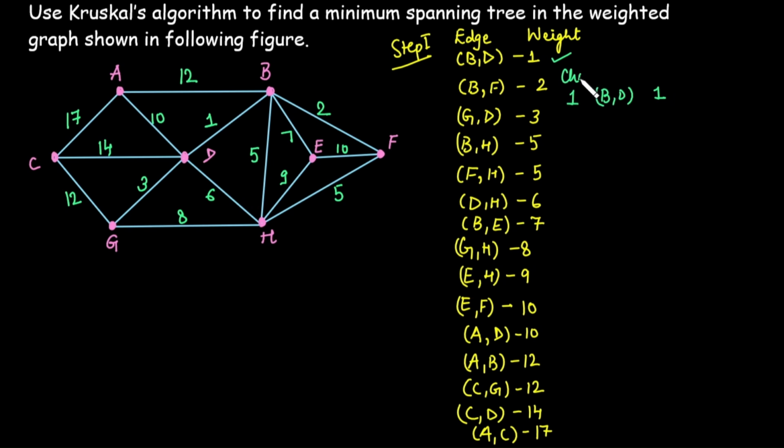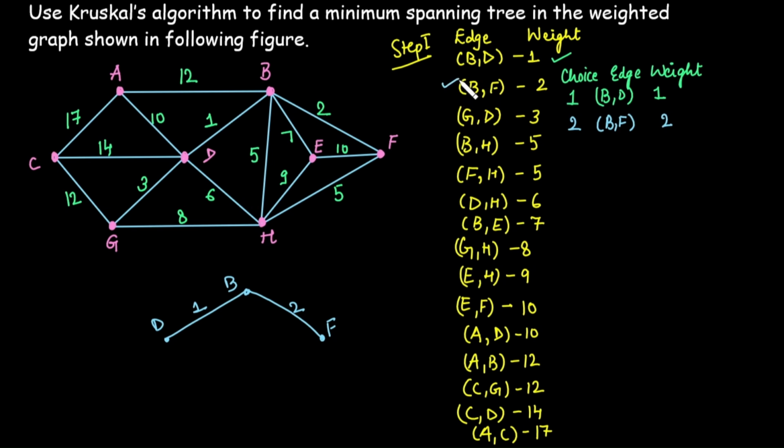So we can write choice, edge and then weight, and also we can take this edge B to D. Next, can we take the next choice BF with weight 2? Yes, because it is not creating any cycle here. So our next choice is edge BF with the weight 2.